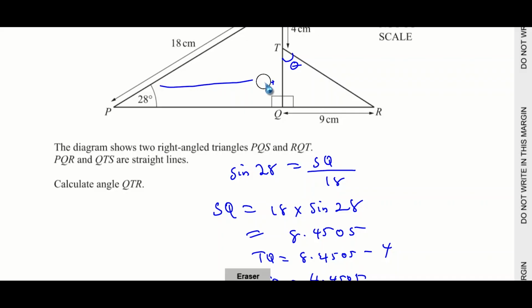Now since I know this side to be 4.4505, let me write better. So this is 4.4505, that is still TQ. So I can now get this angle using opposite over adjacent. So that is tan theta.